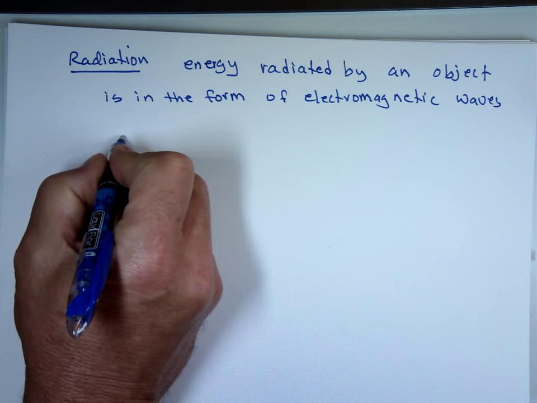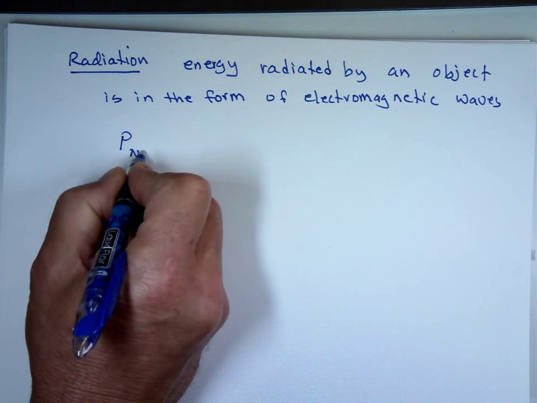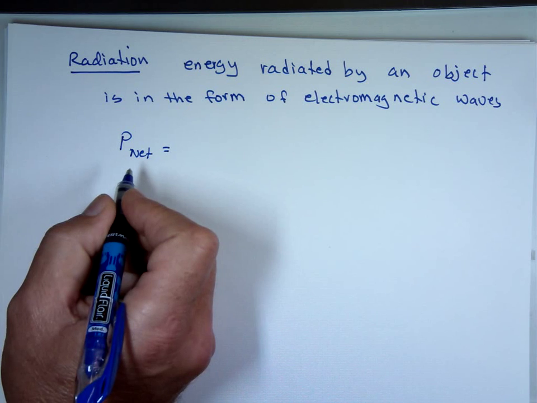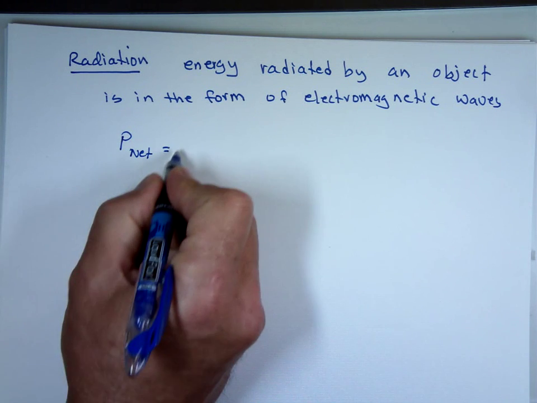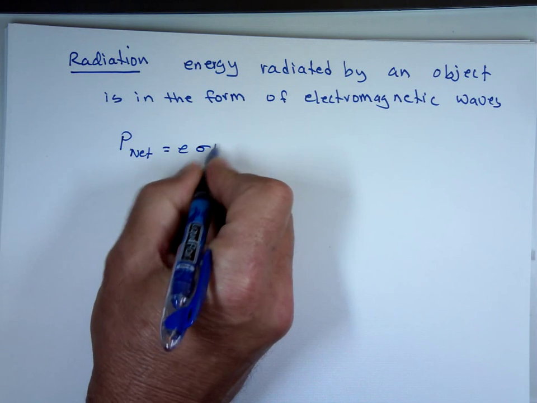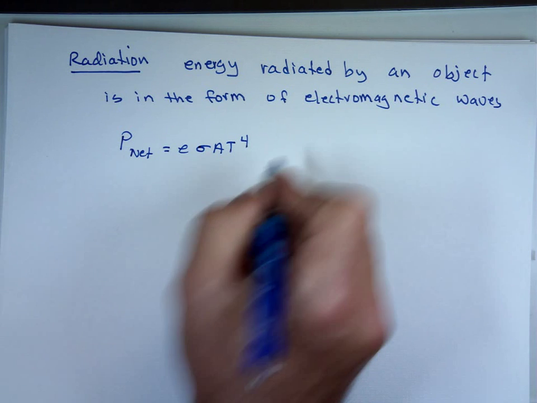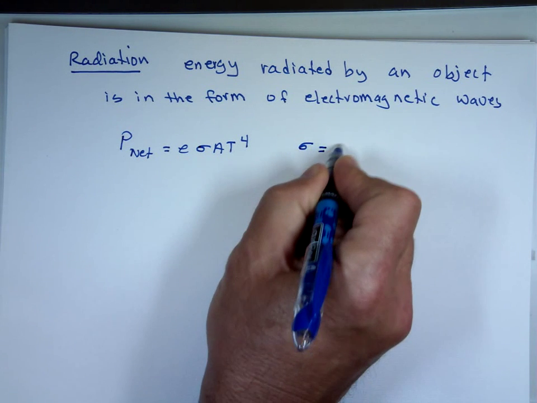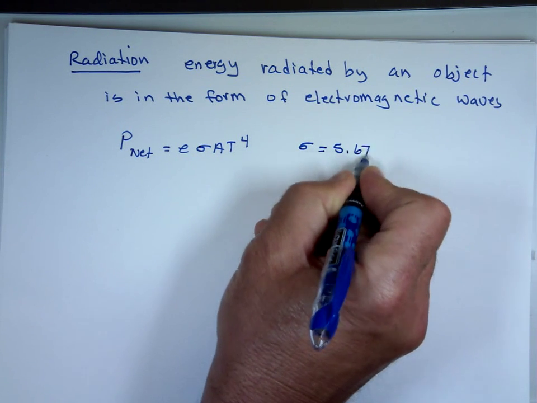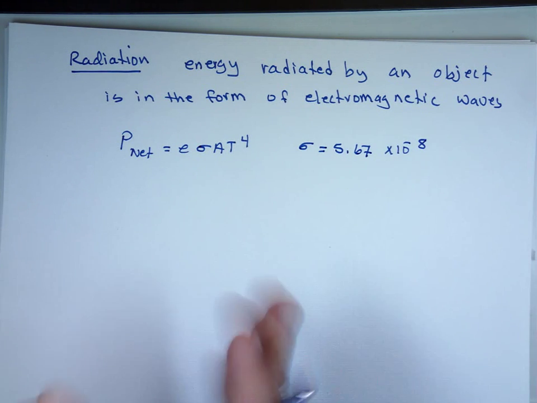The radiation power, P, the net power, is equal to E times sigma times A, the area, times T to the fourth. And sigma is 5.67 times 10 to the negative 8. There'll be no homework or anything on that, but for those people interested in that, that's going to be the equation.